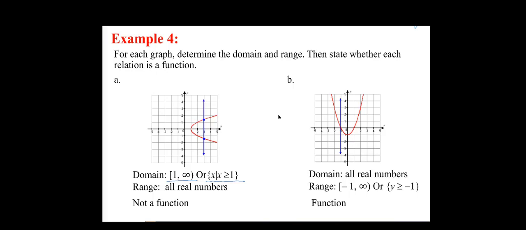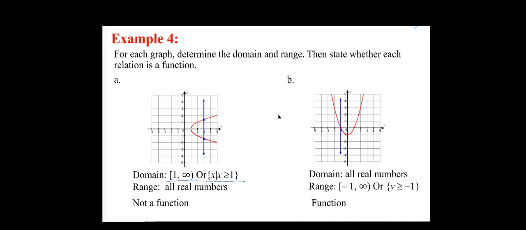The vertical line test is when you draw a straight line on the graph, and if that straight line intercepts your graph at more than 1 point, then you conclude that what you're looking at is not a function, it is a relation. So this is not a function, but this one is a function. If I move this vertical line to the right and left, it only intercepts this graph at 1 point and 1 point only. So this is a function, this is not a function.